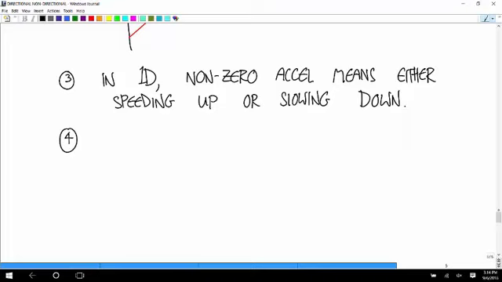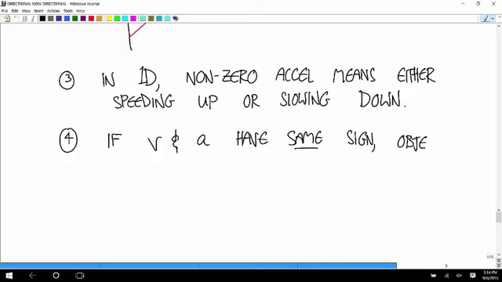How do you know whether an object is speeding up or slowing down and what direction it's going? Well, if the velocity and the acceleration have the same sign, the object is speeding up. And that's true whether they're both positive or both negative. If they're both positive, the object's moving in the positive direction and speeding up.